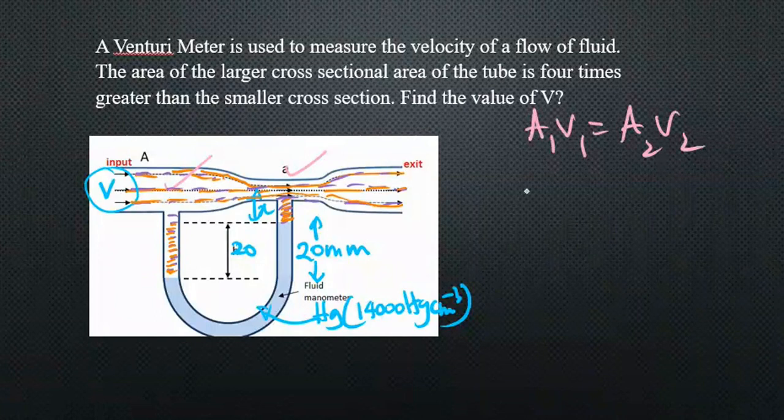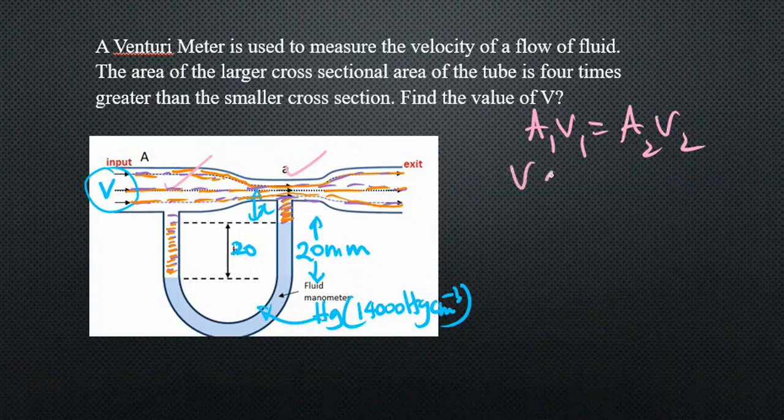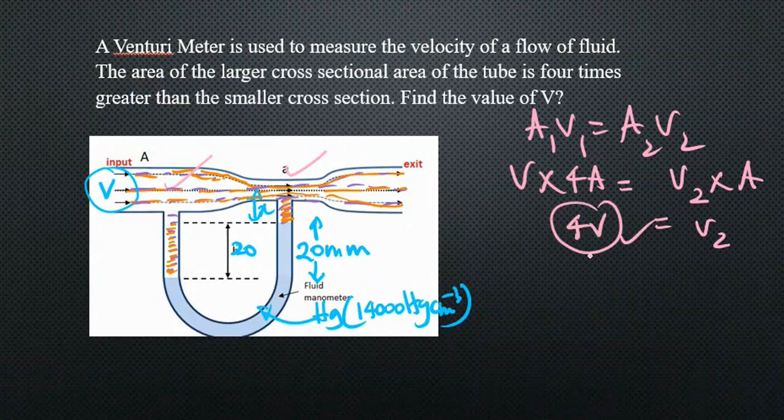If the smaller velocity is v, then the larger cross-sectional area is 4A, so taking the velocity there as v2, v2 into A gives me v2 equals 4v. So we have the velocity connection now.